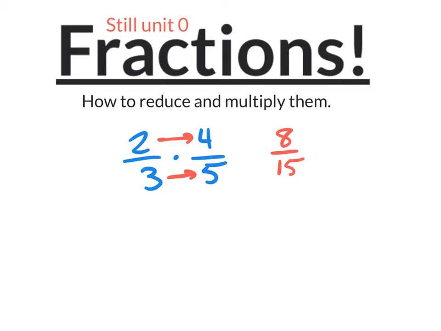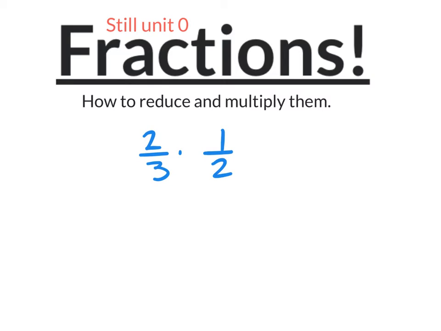Now let's take a look at a different example: 2/3 times 1/2. A lot of us will multiply the top with the top and get 2, and then 3 times 2 and get 6, so we get 2/6. But 2/6 could be reduced down to 1/3.